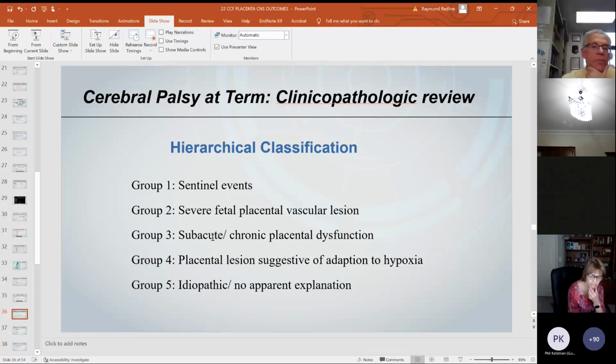But then there were other subacute and chronic placental dysfunctions, which decrease placental reserve, and then some placental lesions which are suggestive of adaptation to hypoxia, like increased circulating nucleated red blood cells, or an increase in villus capillaries, which I haven't mentioned before. And then finally, there are those placentas where we didn't see anything and there's no apparent placental explanation for neurologic dysfunction.